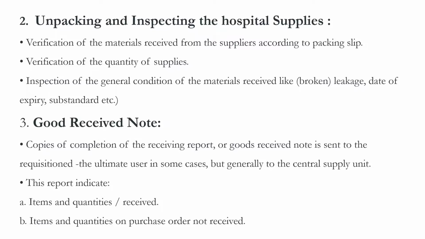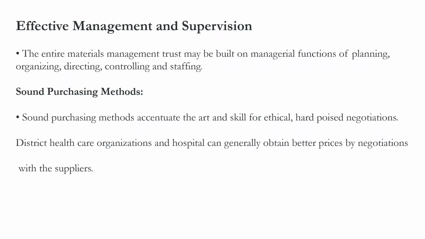Copies of the completion of received report or goods received note are sent to the supplier and also to the ultimate user. It should have the item, the quantity received, and items and quantity on the purchase order not received. If whatever was ordered in the work order is not received, then we have to mention it under the goods received note.